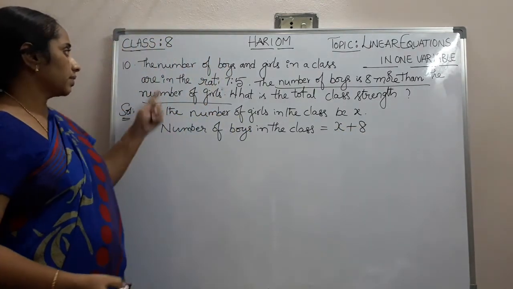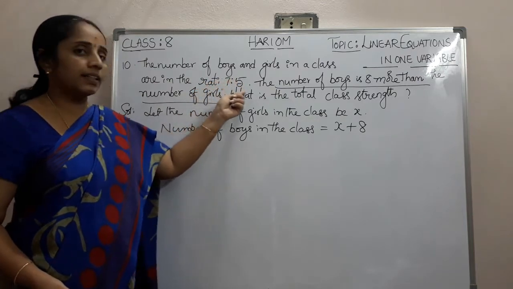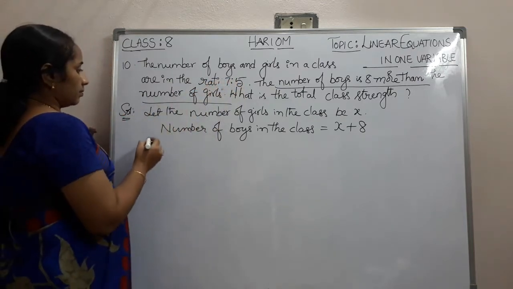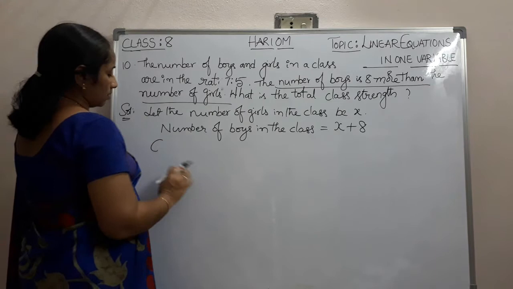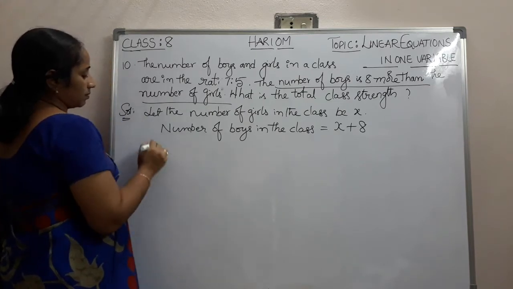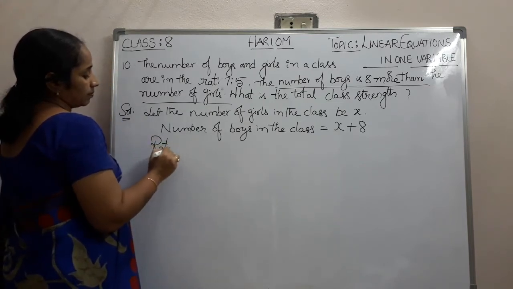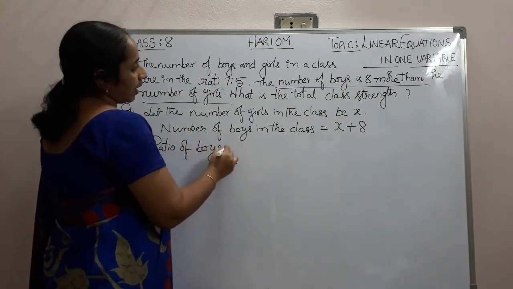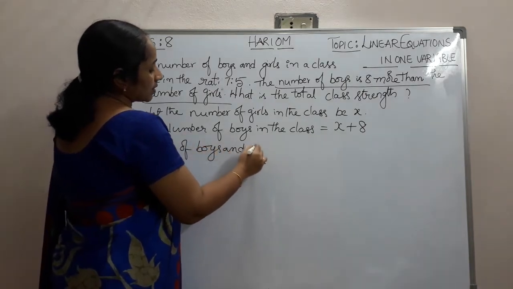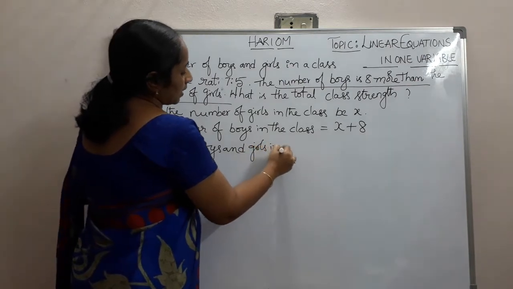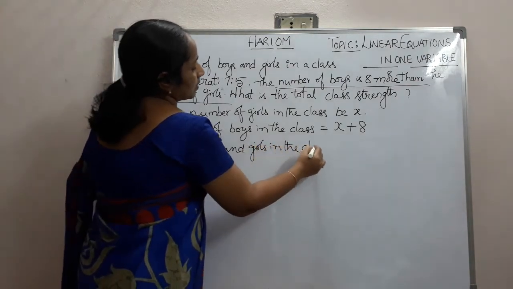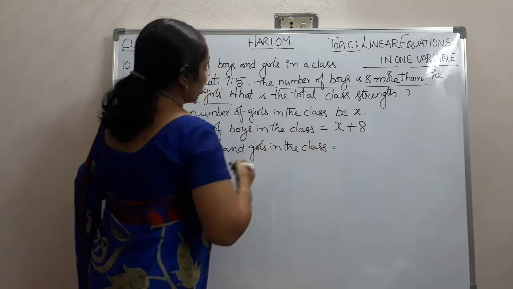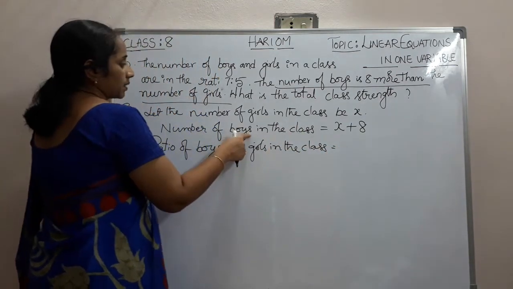Now they have given the ratio of boys and girls. Ratio of boys and girls in the class is equal to boys x plus 8.